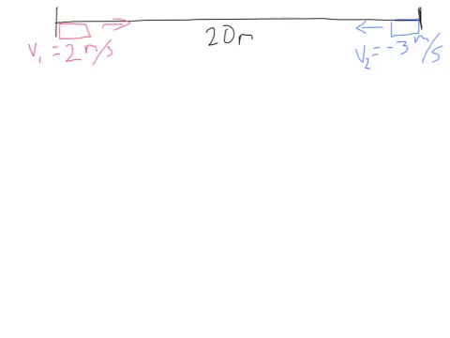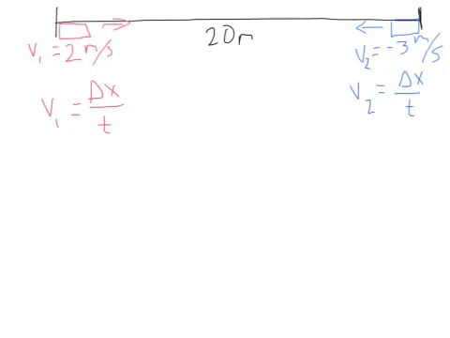First, we start with the definitions of velocity. Velocity of cart number 1 means that it will change its position in a certain amount of time. Velocity of cart number 2 means the same thing. And when we say change in position, what we mean is the final position minus the initial position.